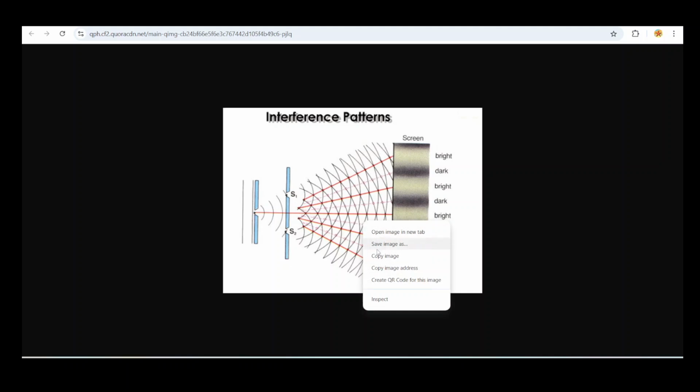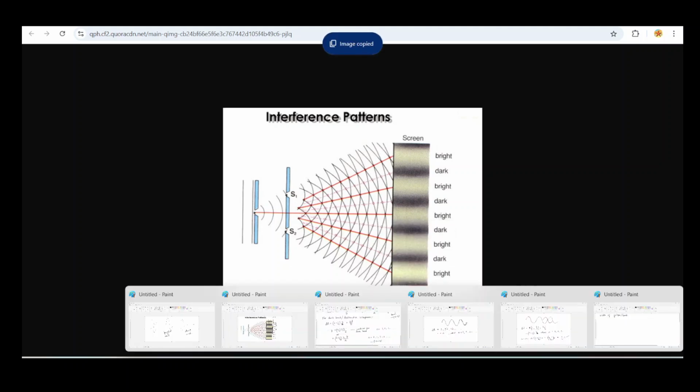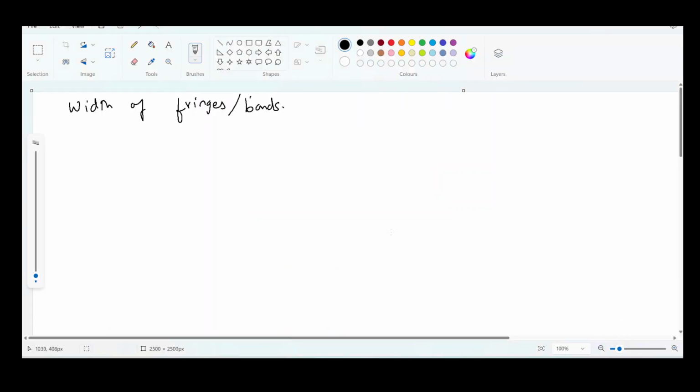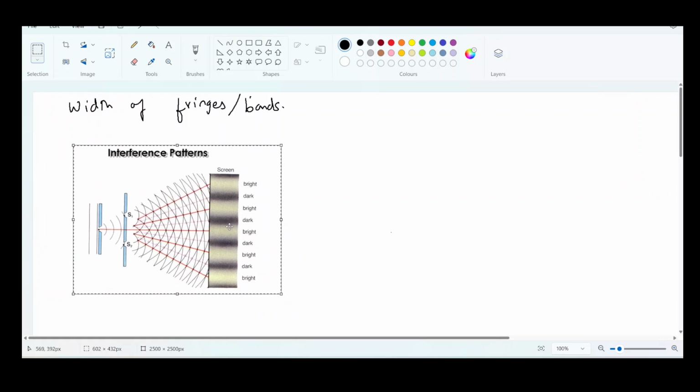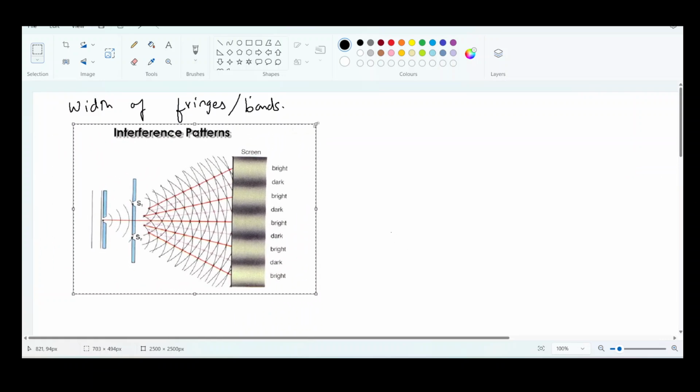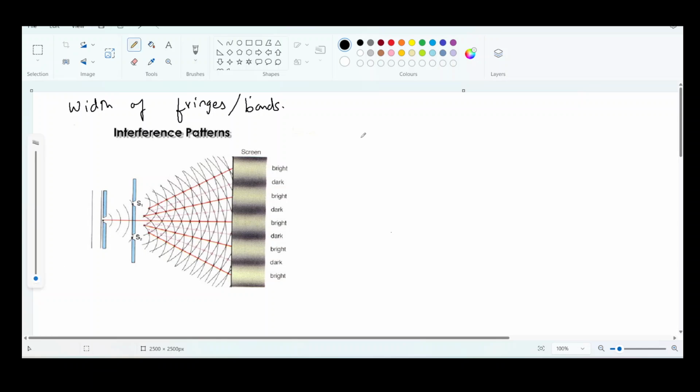Okay, so let me copy this to this page over here. Now what do I mean by width of the bands? The width of the band is basically, you see, this distance over here from bright to dark to bright.